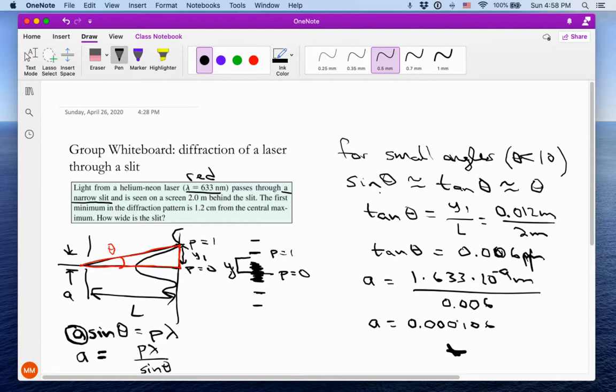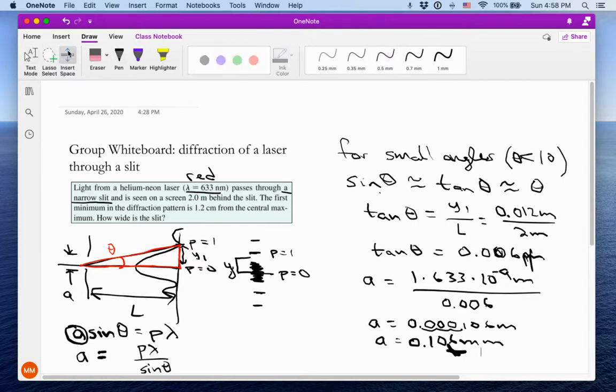Is that right? So let's see what I get. How many zeros do I get here? Just looking at my calculator for a second. Yes, so that's right. And this is going to be in meters. My pen doesn't want to work again, so this is meters. If I want to turn it into millimeters, A is equal to 0.106 millimeters.